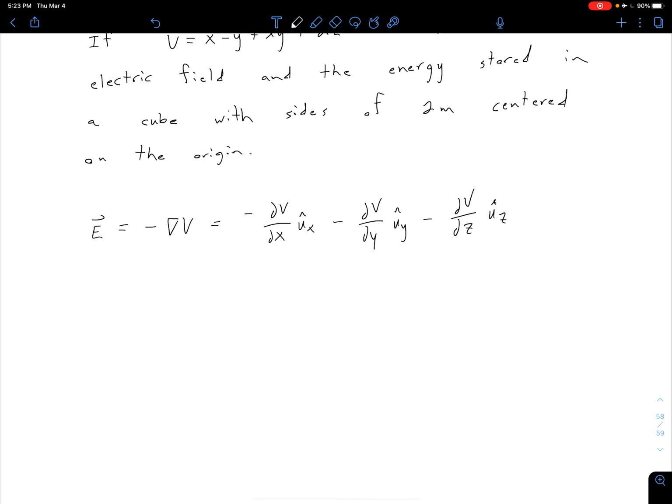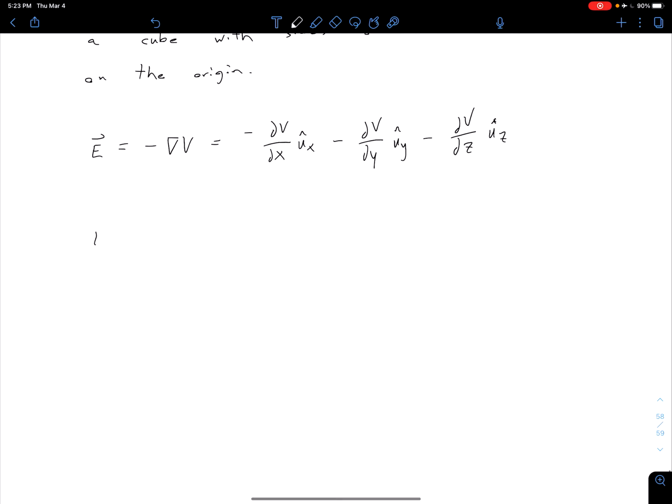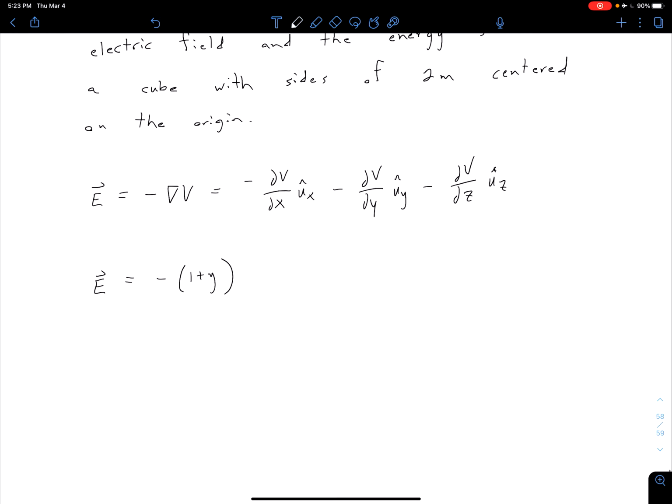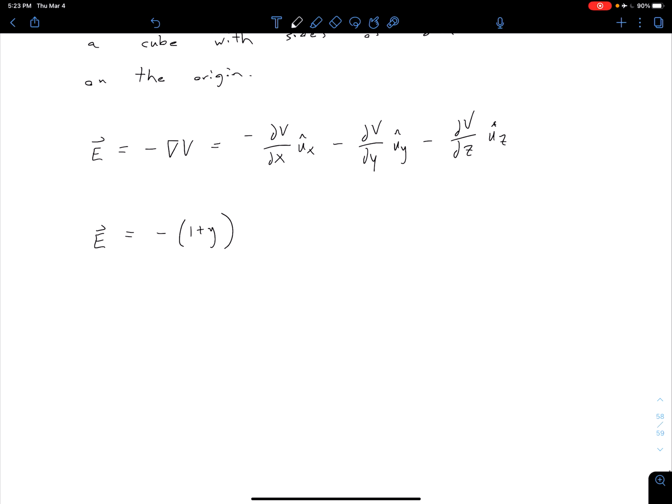If we evaluate that, we get E equal to negative 1 plus y, which is just the derivative of V with respect to x. We have our 1 coming from here and our y coming from here. Nothing else has an x, so it all goes away. It's treated like a constant. That's in our x direction.